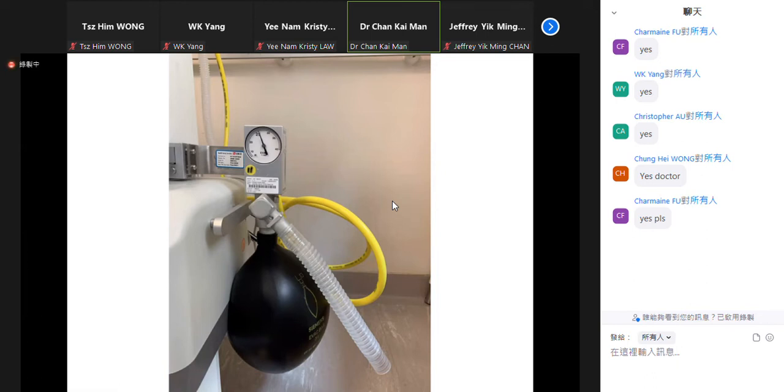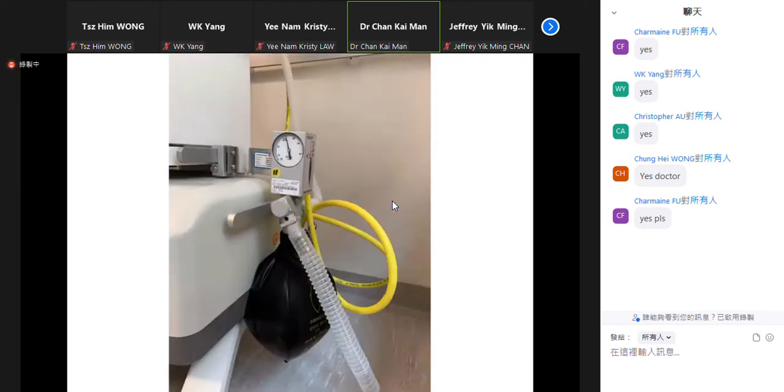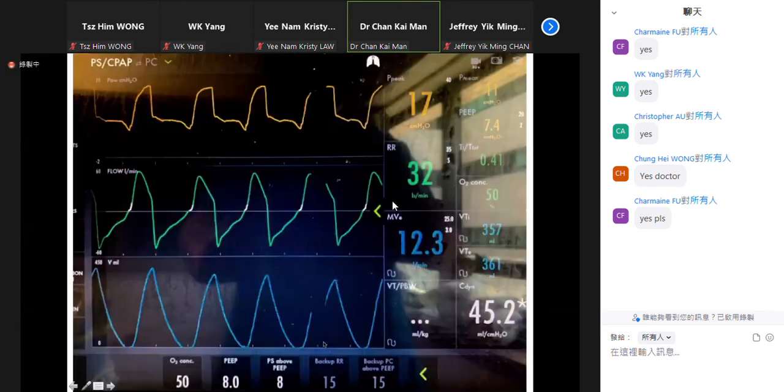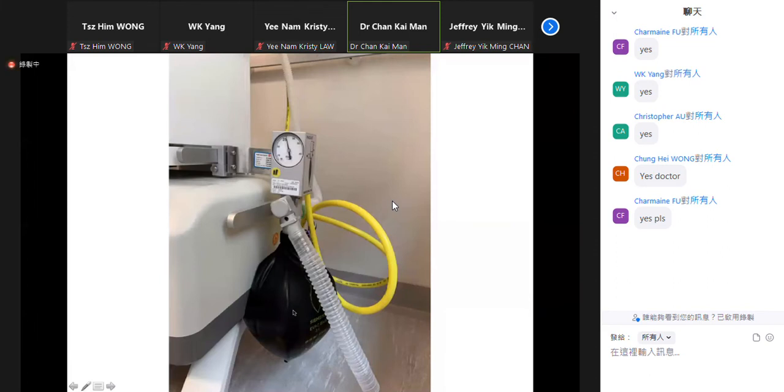We immediately recognized there's some blockage in this scavenger. So we try to remove this bag, and once we removed it, we obtained a very good waveform. We put it back again, the distension was resolved, and along with this, we also found quite a bit of condensate, some water collected in the tubing.